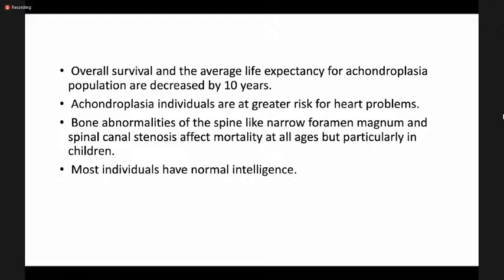Overall survival and the average life expectancy for the achondroplasia population compared to someone who does not have this condition.